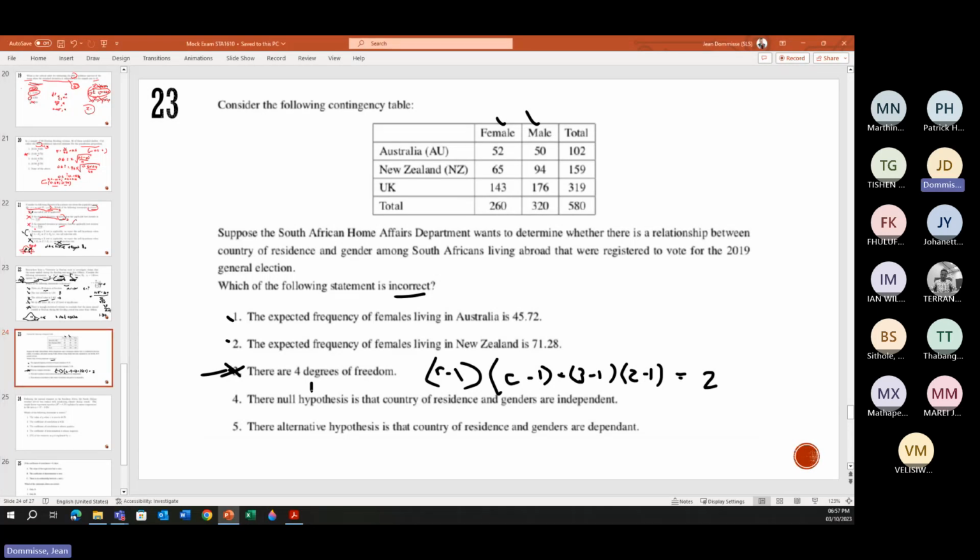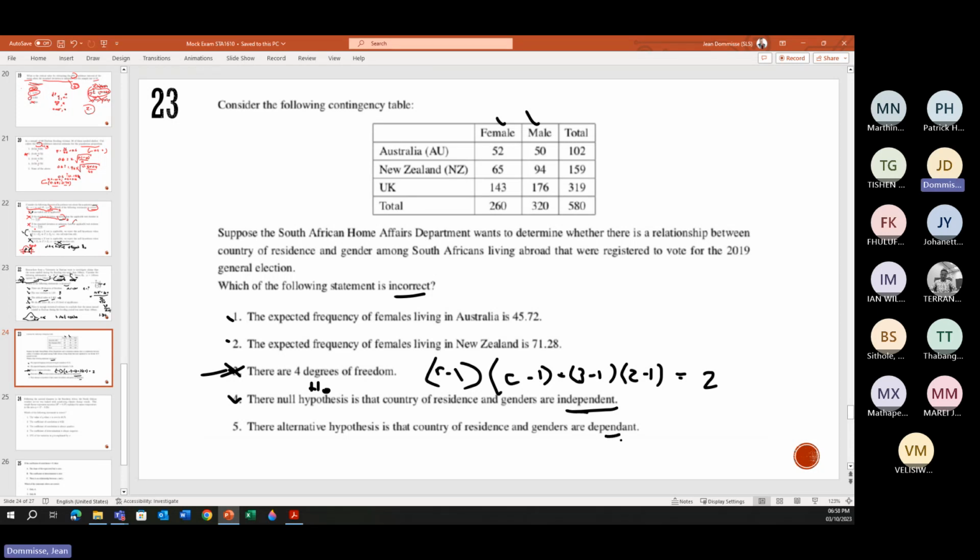Null hypothesis is that the country of residence and genders are independent. Chi-square null hypothesis is always looking at independence, so that's correct. If the null hypothesis is looking at independence, your alternative is looking at not independent, or dependent.